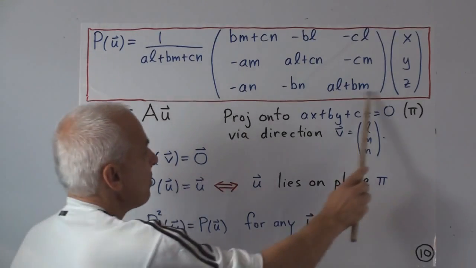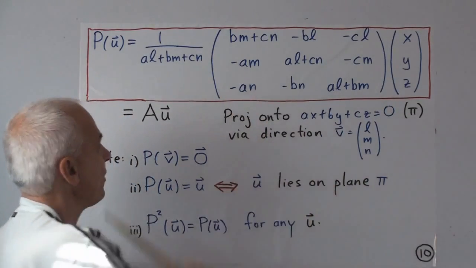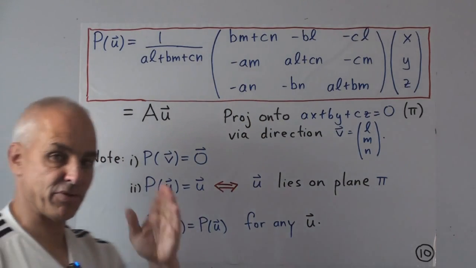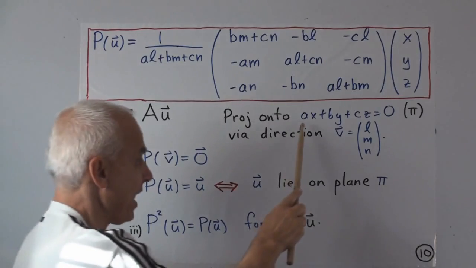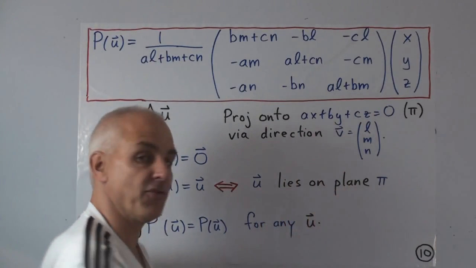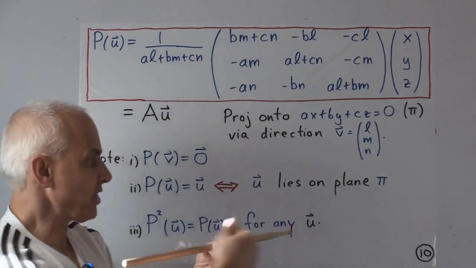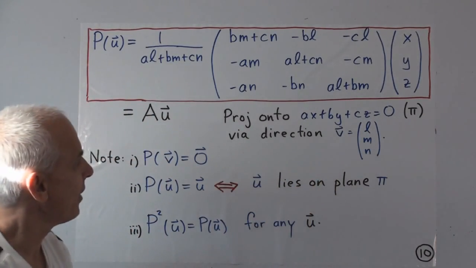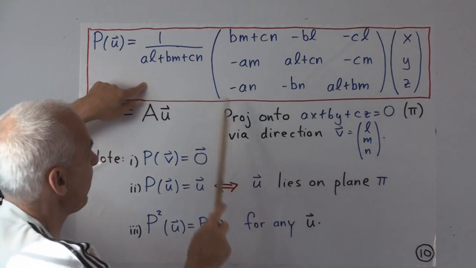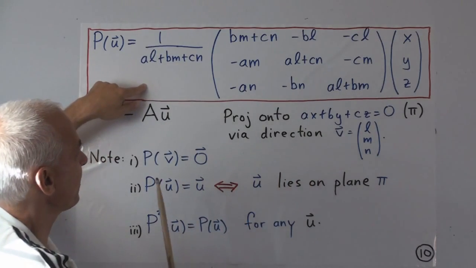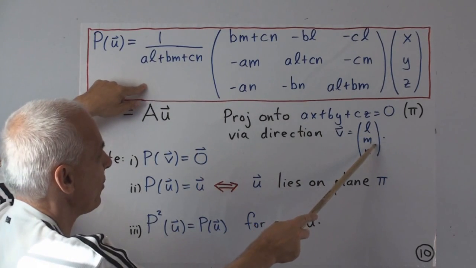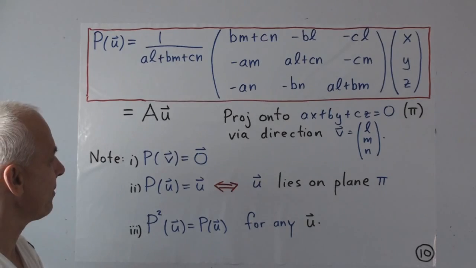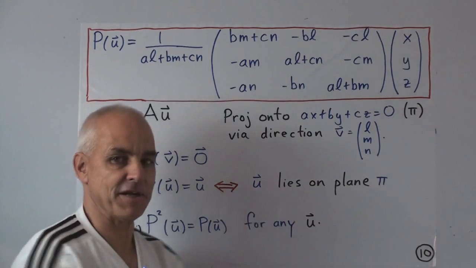So this combined matrix here, divided by the denominator, that's our matrix A. That represents the projection onto the plane ax plus by plus cz equals 0 in the direction, or via the direction, v given by L, M, and N. So it depends both on the plane A, B, C and on the line or vector with entries L, M, and N. And it's quite a nice expression.